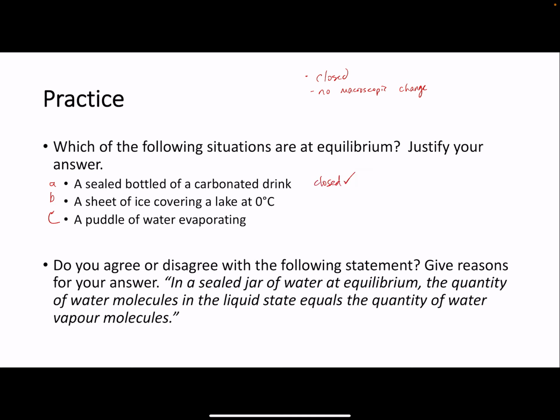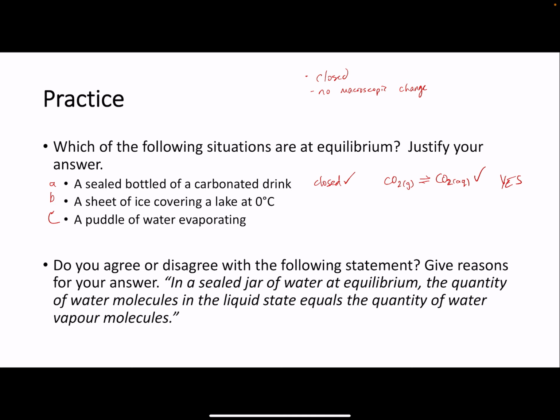That's good. And is there a change? Yes, what's happening is that the carbon dioxide gas is dissolving into the water, which is what you taste, and then when you take off the cap and you hear that, that's the gas being released, right? So there's no macroscopic change and there's a chemical process happening. So yes, this reaction is at equilibrium.